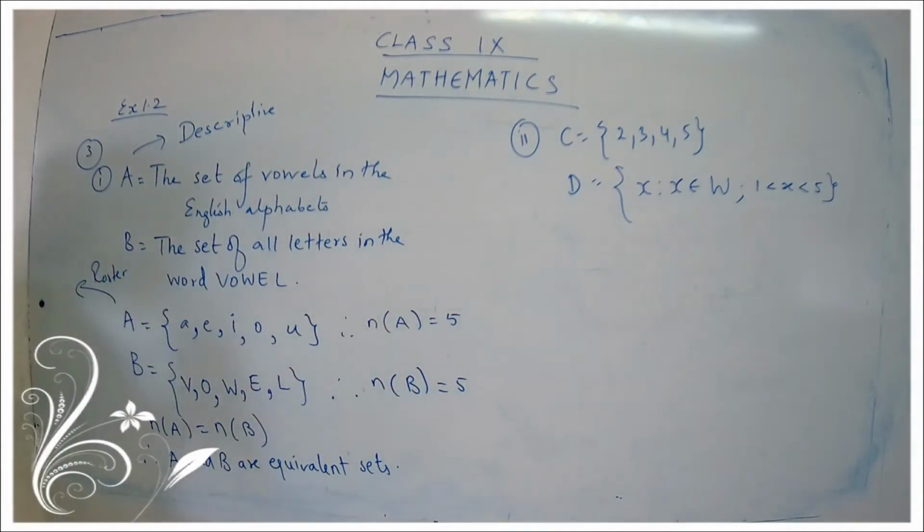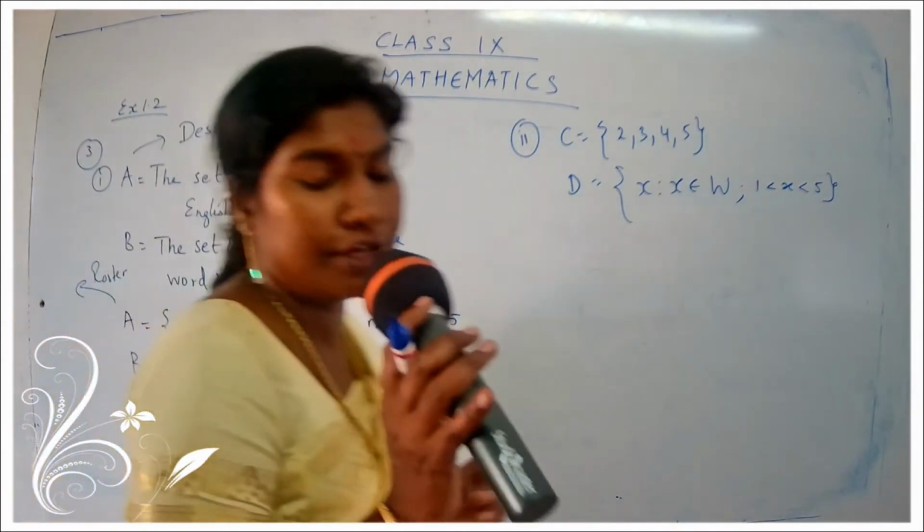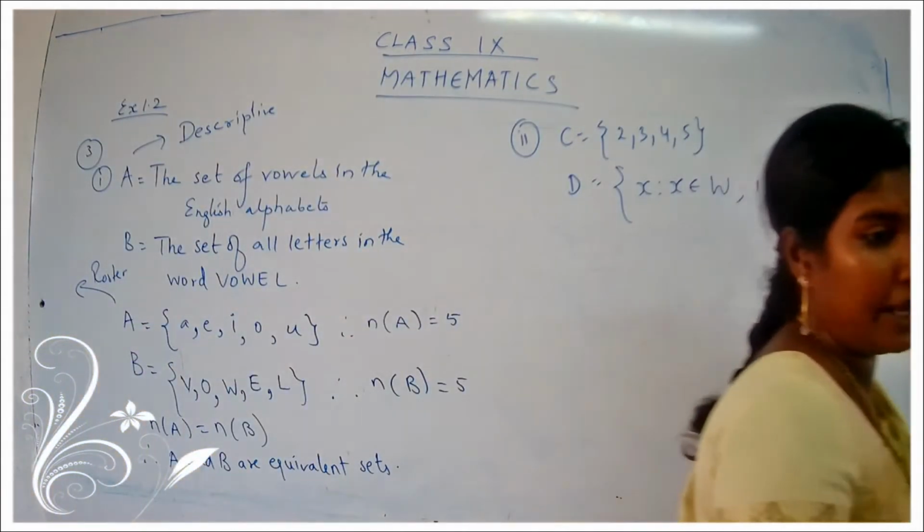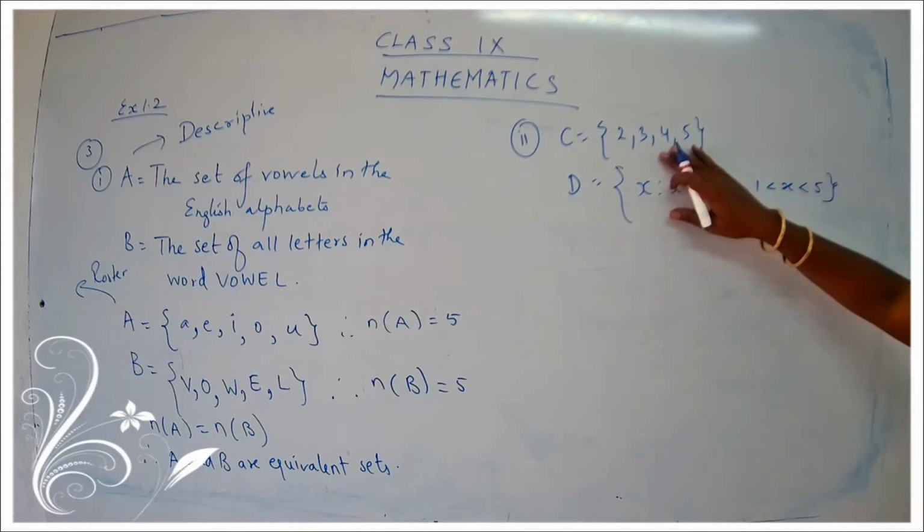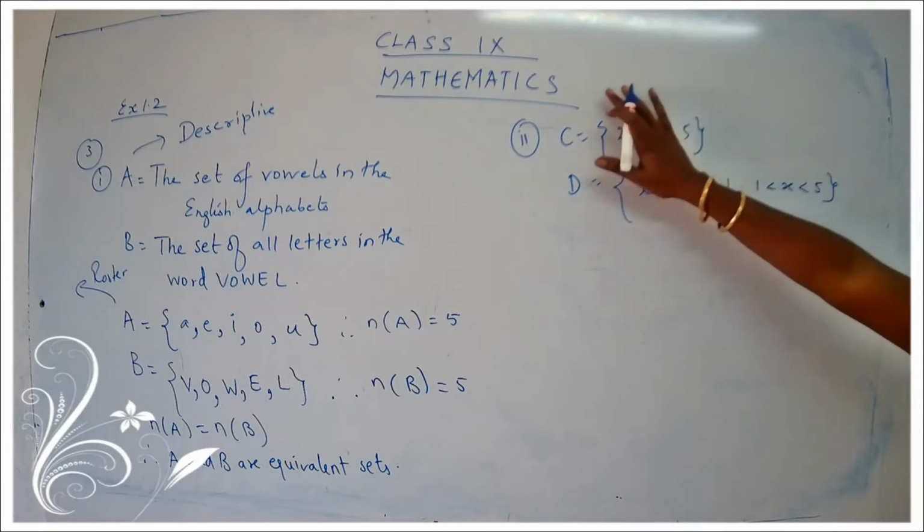C is {2, 3, 4, 5} and D is {x such that x belonging to W, x lies between 1 and 5}. Okay, here the set C is already given in roster form, so no need to make any changes for C. I know the members of C, student, so do not touch this part.